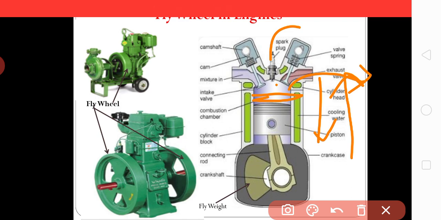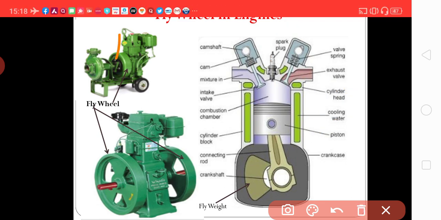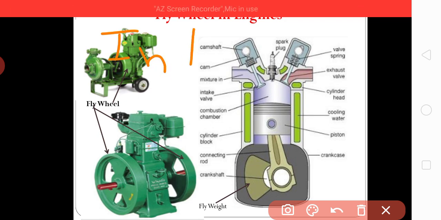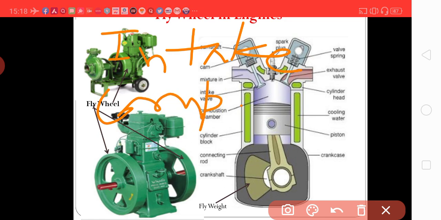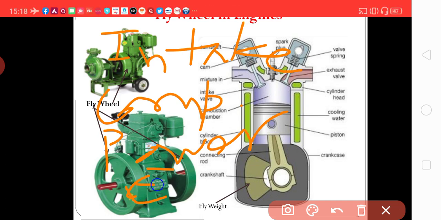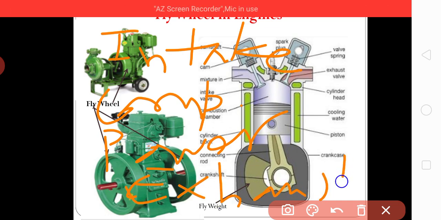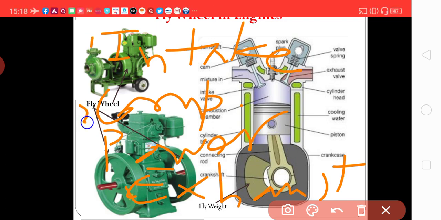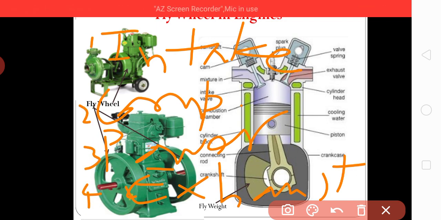Now a little consideration here will show you that you are getting power only in the third stroke. The first stroke is the intake stroke, then the compression stroke, then the power stroke, then the exhaust stroke. So 1, 2, 3 and 4, you are getting power only in the power stroke.